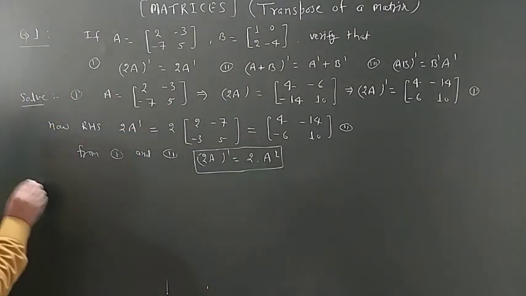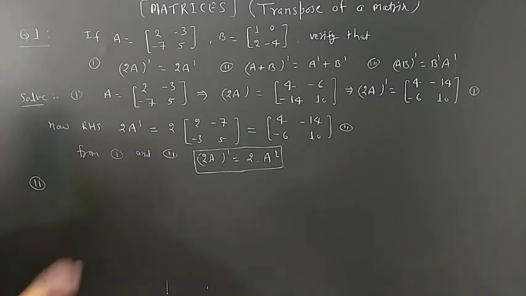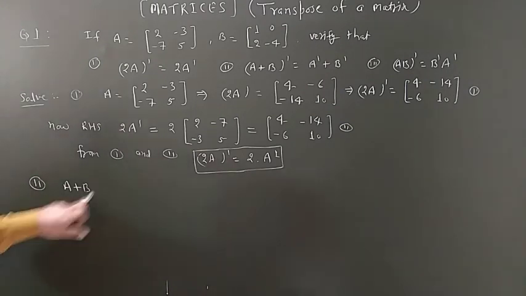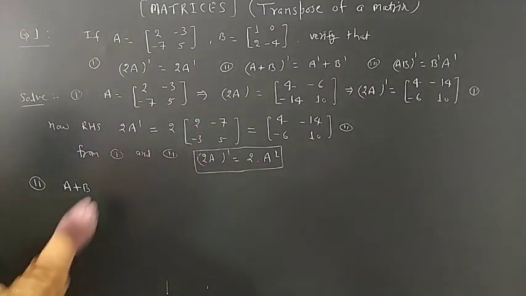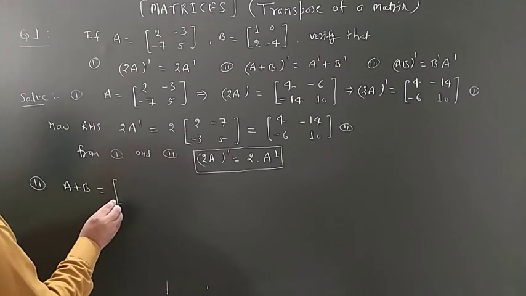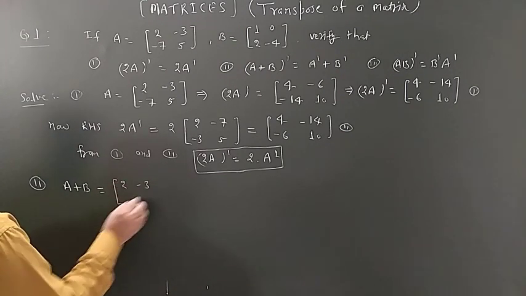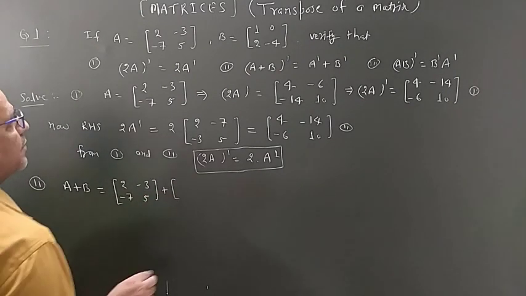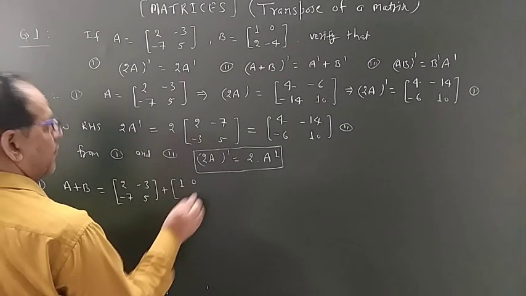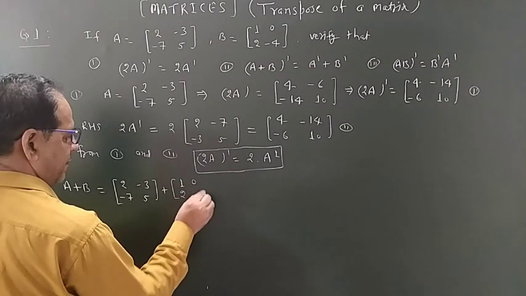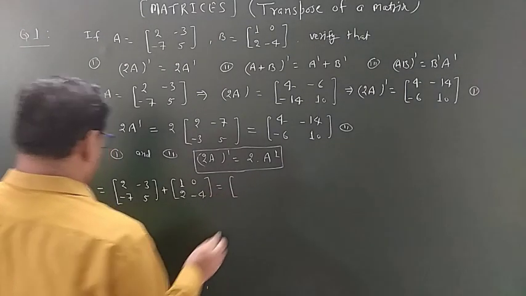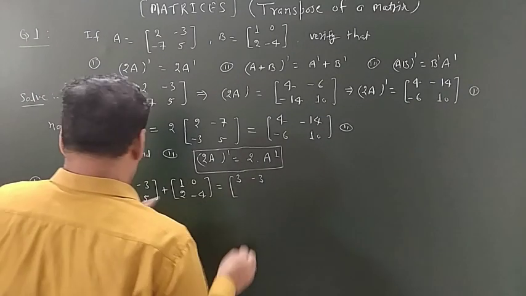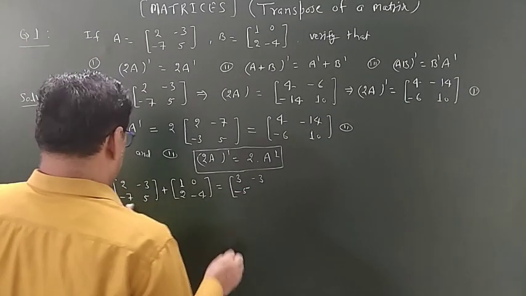The second part, A plus B. First we find A plus B. A plus B means 2 -3 -7 5 plus B, 1 0 2 -4, that means 2 plus 1, 3, -3 plus 0, -3, -7 plus 2, -5, 5 minus 4, 1.